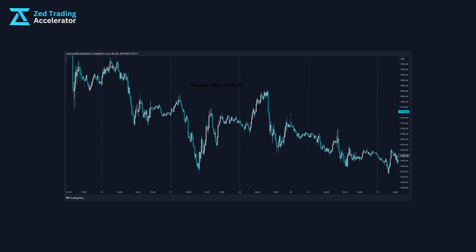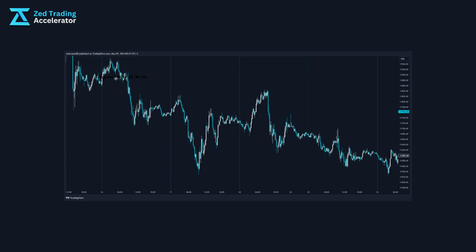If you look at it very carefully, around this time, this is our London kill zone. It's from 2 a.m. to 5 a.m. If you look carefully, the price created the high of the day at the London kill zone.